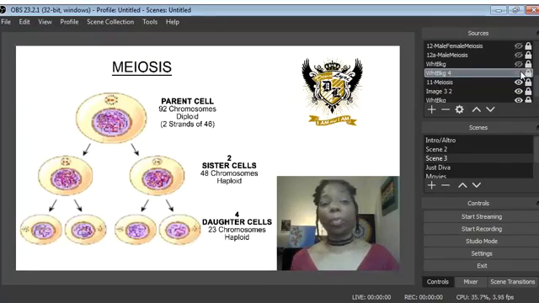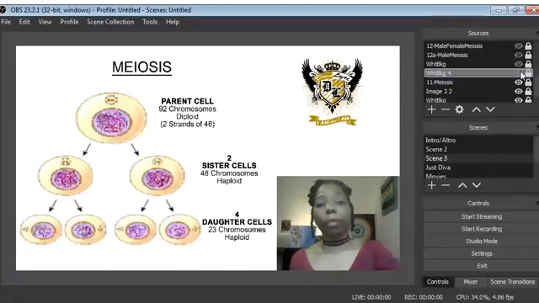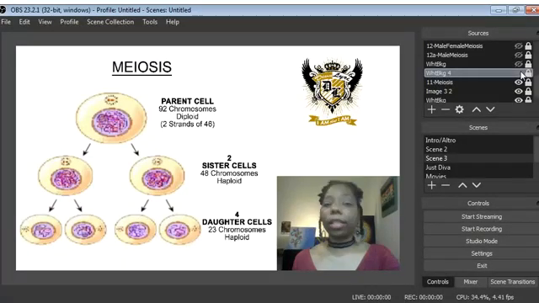So from the parent cell, we're getting 4 daughter cells. All right. So that's meiosis. There's mitosis and then meiosis. Meiosis is what happens to the microscopic giants. They start off with 92, and then they're going to end up with 4 cells of 23 each.